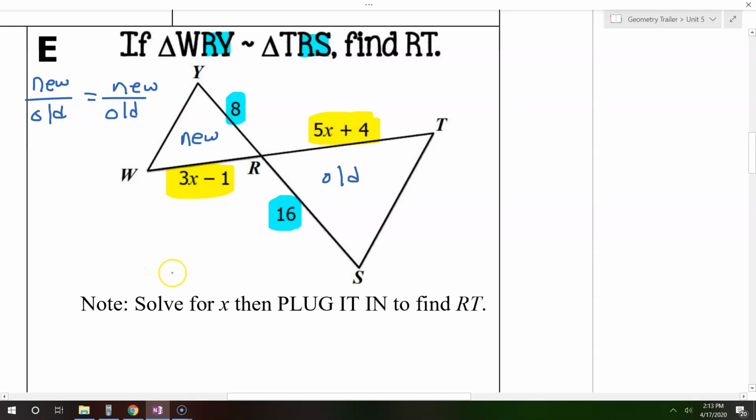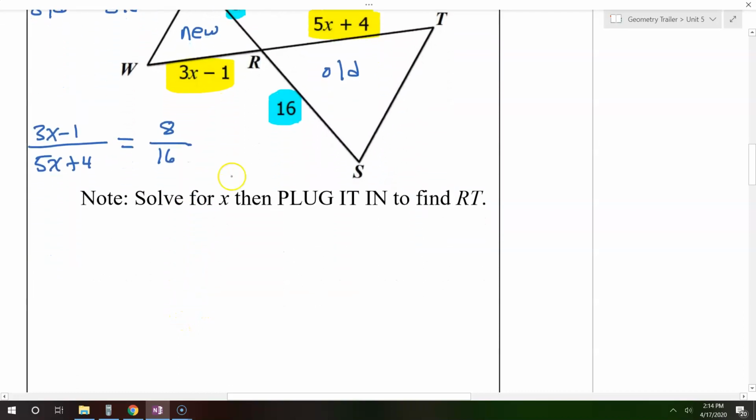So if I do the yellows, new over old will be 3x minus 1 over 5x plus 4. Now the blues, new over old, is 8 over 16. After that, it is time to cross multiply.